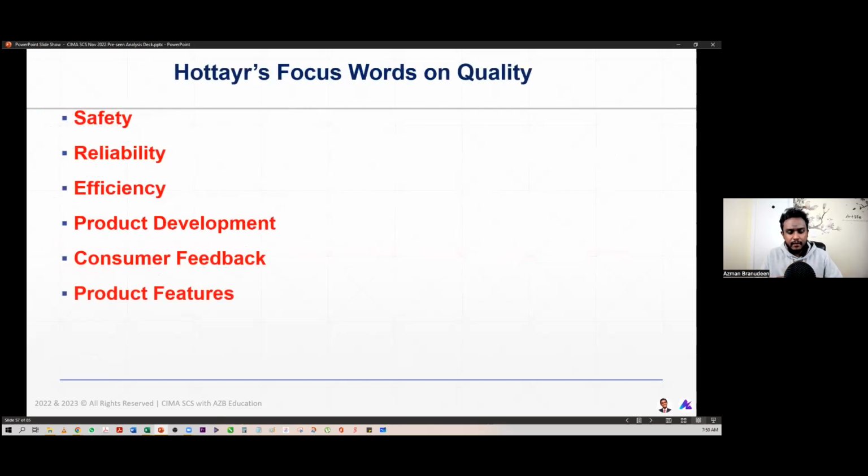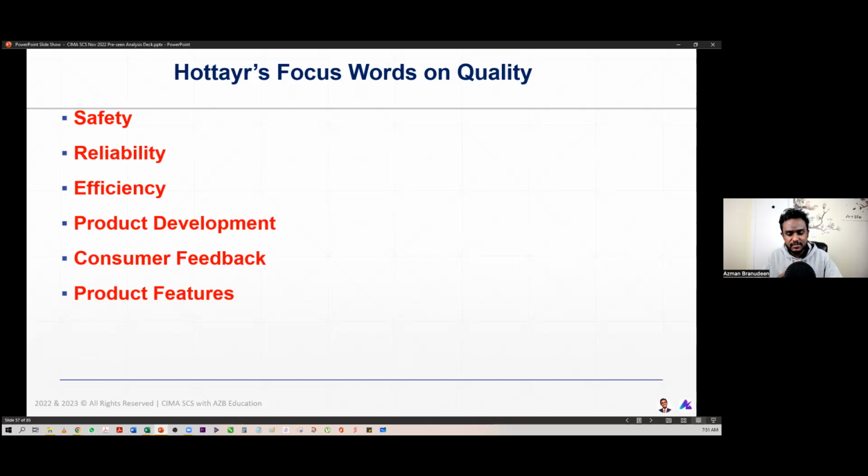Okay, now, when we looked at the milestones we have achieved from the beginning, you realized that the fundamental driving factor for our success, or what you could even say critical success factor, has been quality. There is a really, really serious commitment to offering great quality in our products. Throughout the pre-seen, when they talk about this, there are a few words that are used to represent this commitment to quality.